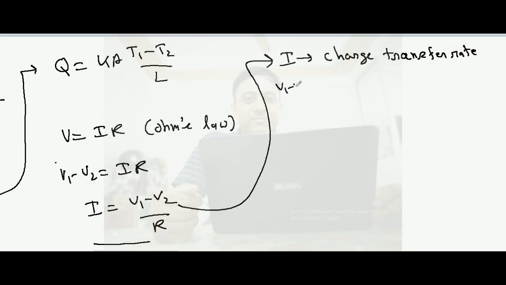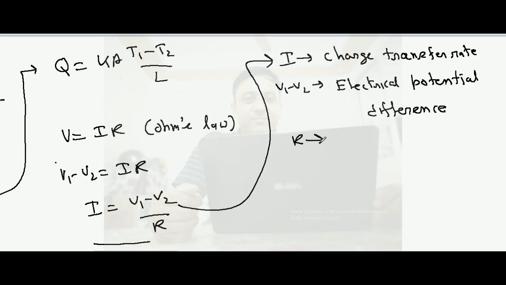And what is V1 minus V2? It is the electric potential difference, okay. And what is R over here? R is the electric resistance.